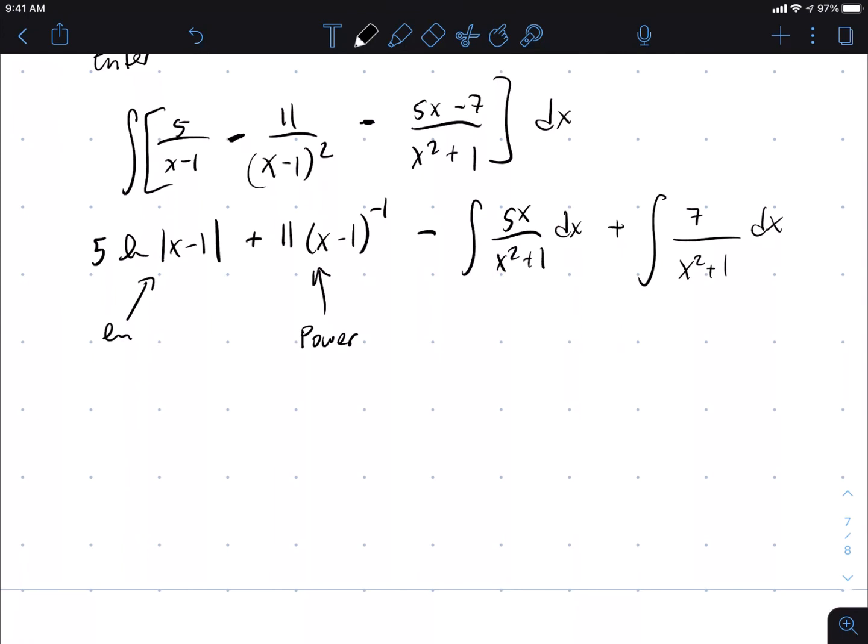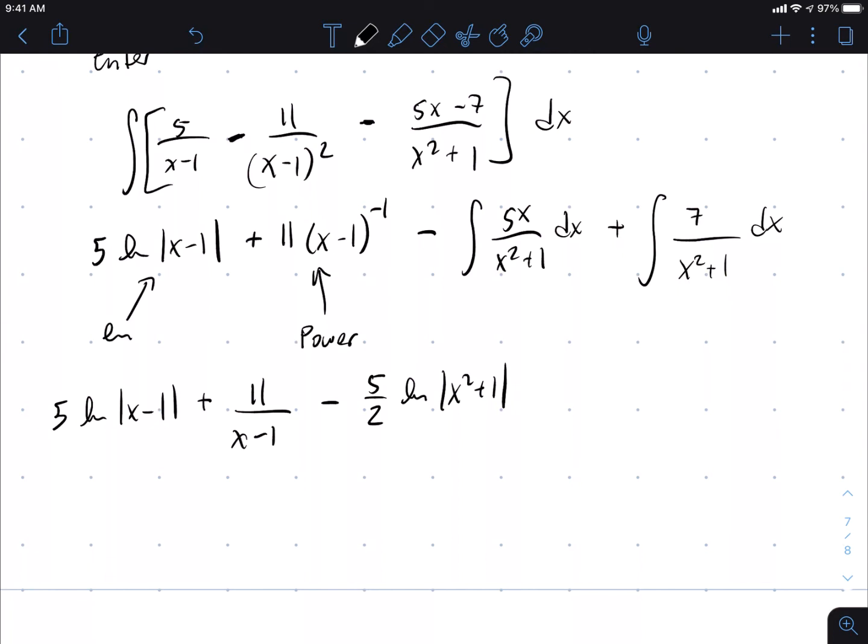Now, this third integral is just going to be a u sub, right? I'll write this clean. And then this one here, since it's a u sub, I'm going to get 5 over 2 ln of x squared plus 1.